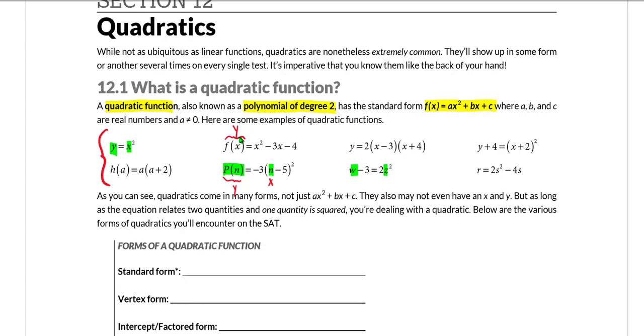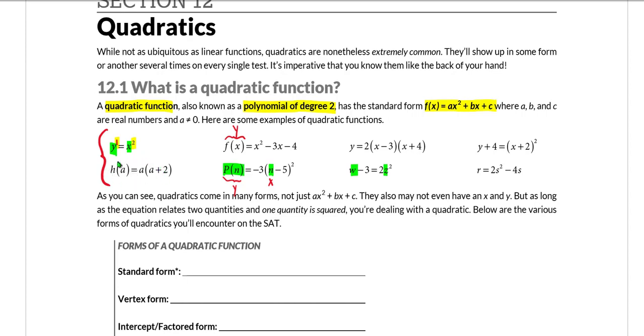So all of these equations here have two variables: y, x, w, z, p of n, and n. And in every case, what we see is that only one of the two variables is squared. The other variable is to the first power. Of course, that one power is unwritten, but we have one variable to the first and the other variable squared.